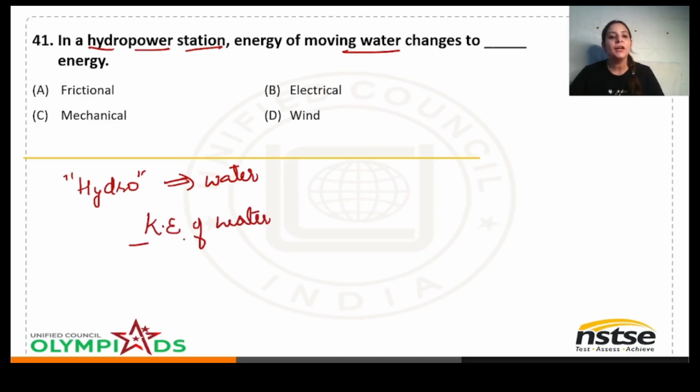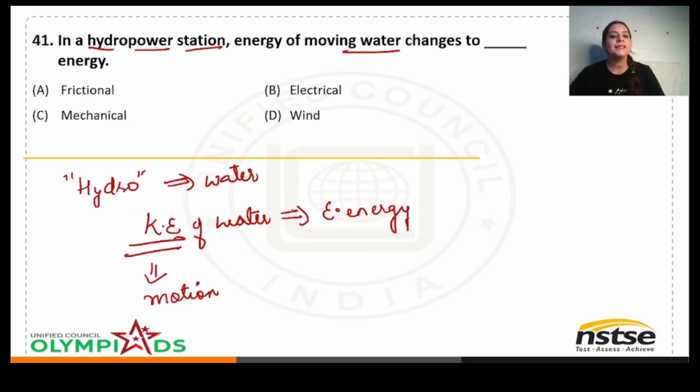Anything which is moving possesses this type of mechanical energy, kinetic energy, by virtue of its motion. When a high stream of water falls down, it rotates the turbines, and in doing so it gets converted to electric energy.